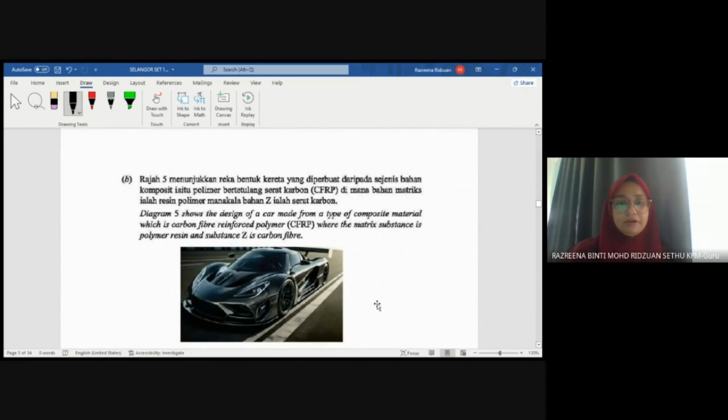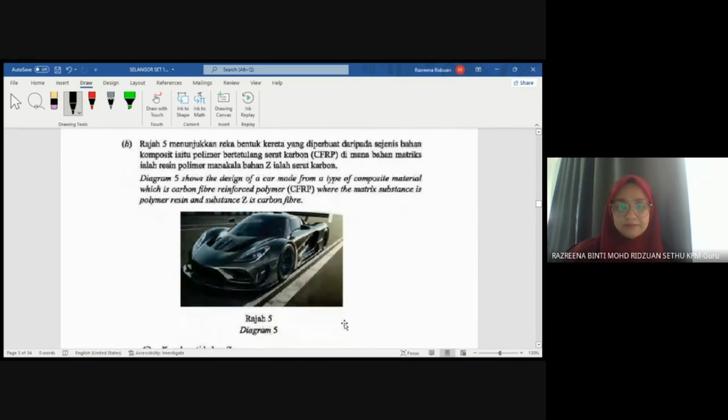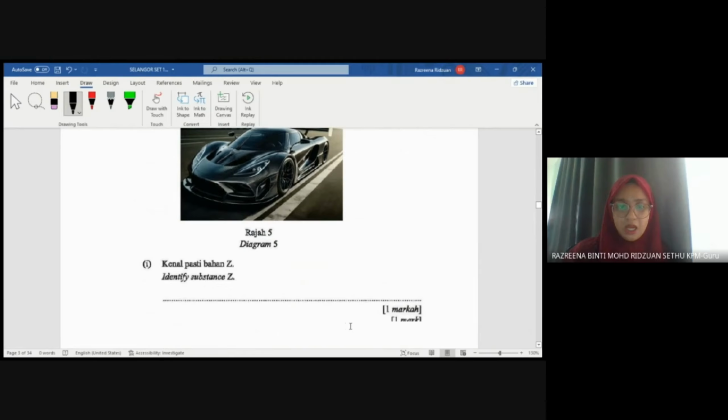Question B. Diagram 5 shows the design of a car made from a type of composite material, which is carbon fiber reinforced polymer, where the matrix substance is polymer resin and substance Z is carbon fiber. Identify substance Z. Substance Z is actually a strengthening substance.